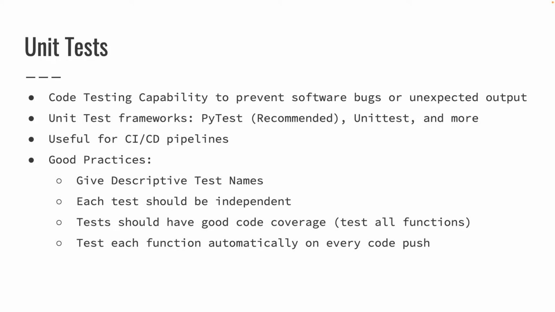There are some good practices that you can follow when you write your code. Some of these are: give descriptive test names. If your function is called recommend, then your test function should be called test_recommend. If your testing function is only testing a specific thing, maybe call it test_recommend_list_size or test_recommend_return_value.